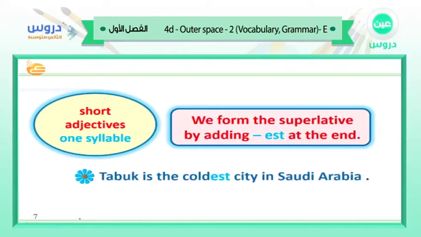So we add est on the short adjectives, 1 syllable. The superlative is used for more than 2, and we add est to the short adjective. Short adjective means 1 syllable, like cold. Okay?